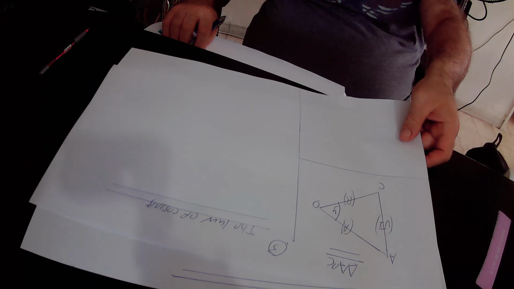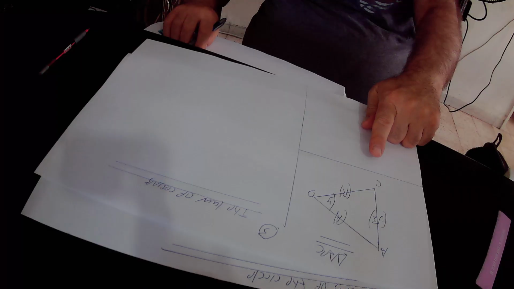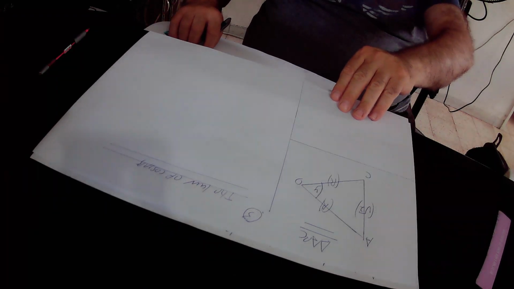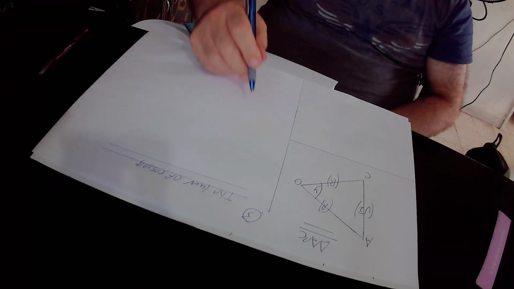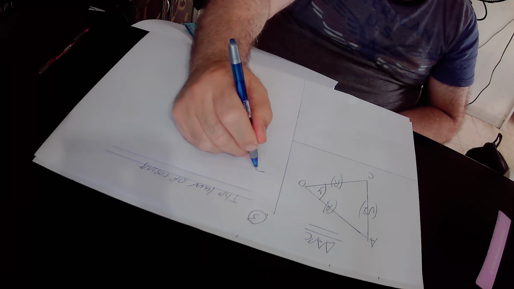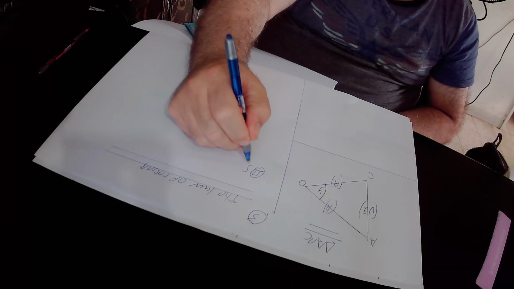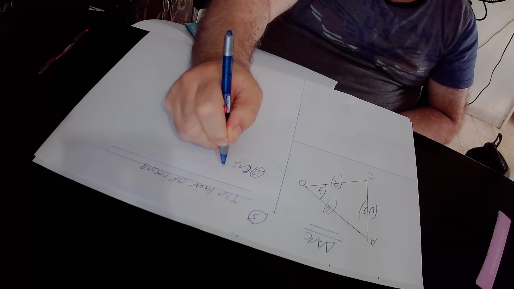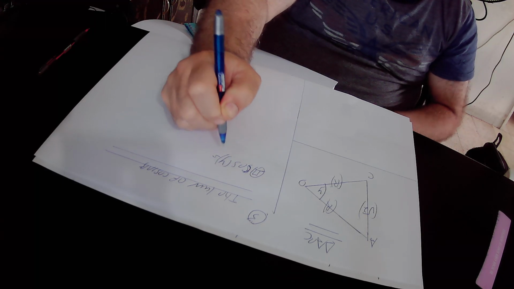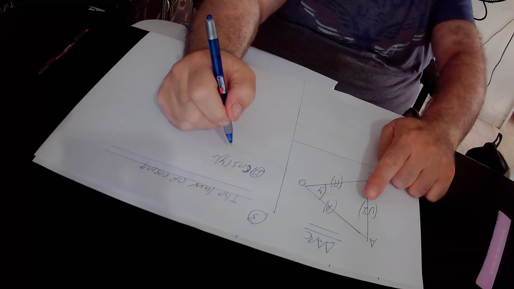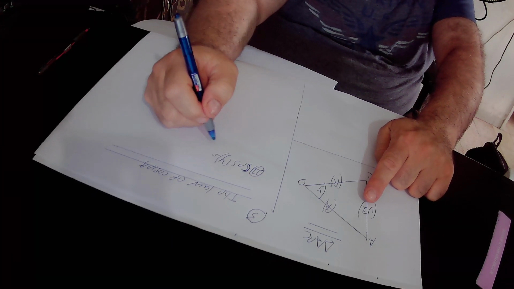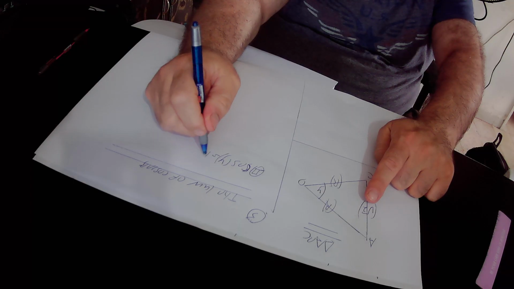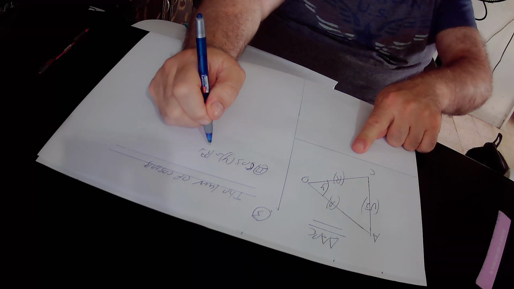So according to the law of cosines, in this triangle AOC, cosine Y equals OA square. OA is R, therefore OA square is R square, plus OC square.